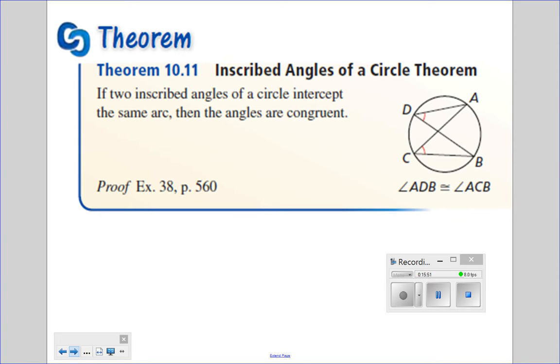So angle D is formed by this. Angle C is formed by that. Therefore, we know angle ADB is congruent to angle ACB.